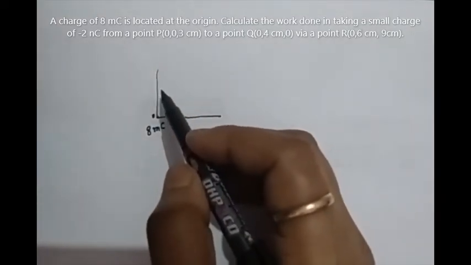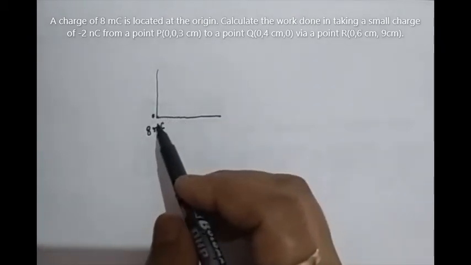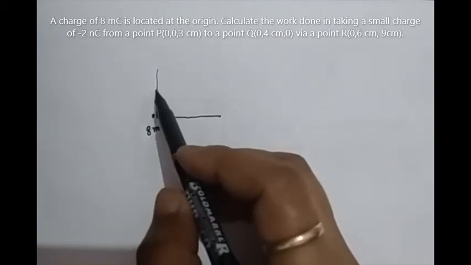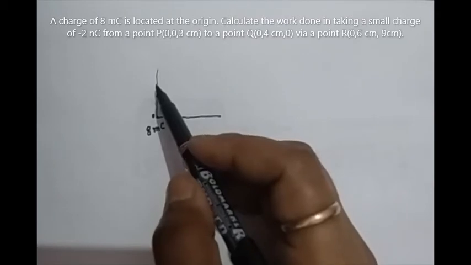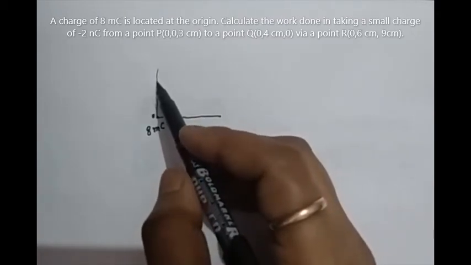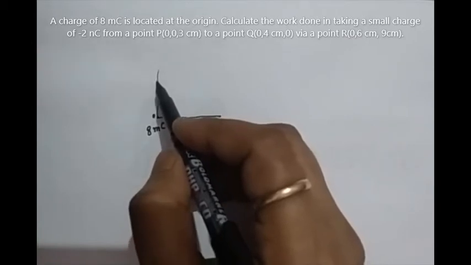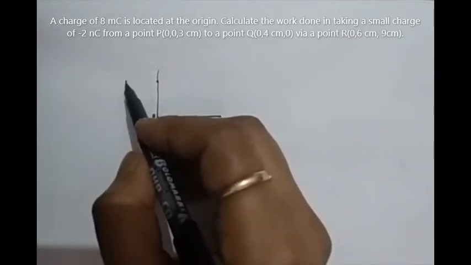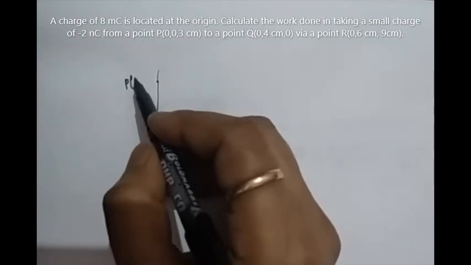Another charge -2 into 10 to the power -9 coulomb is taken from point P to point Q, and the coordinate of point P is 0, 0, 3.